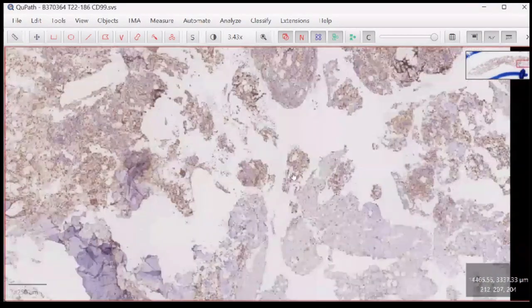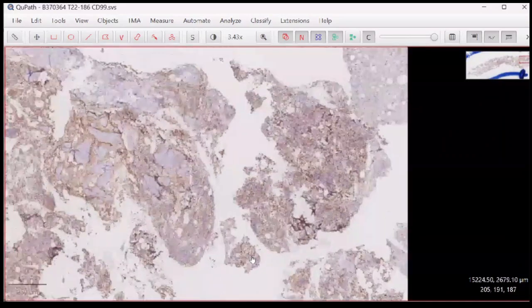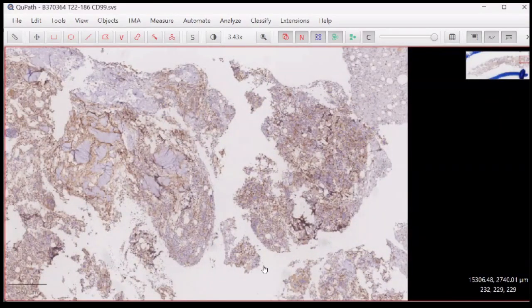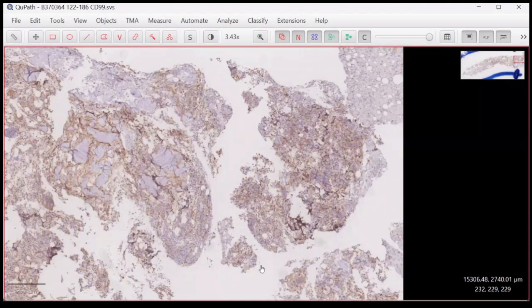I see. So we can't just depend on CD99 expression, right? Yes, because in post-chemo there are two patterns: residual disease, if there is any, plus regenerating marrow. Both are immature cells, and CD99 happily picks up all those immature cells.